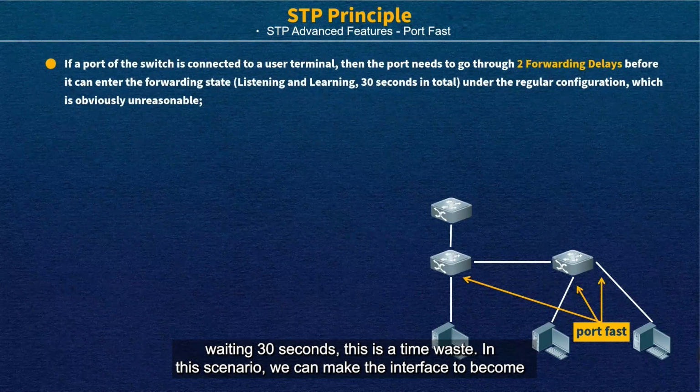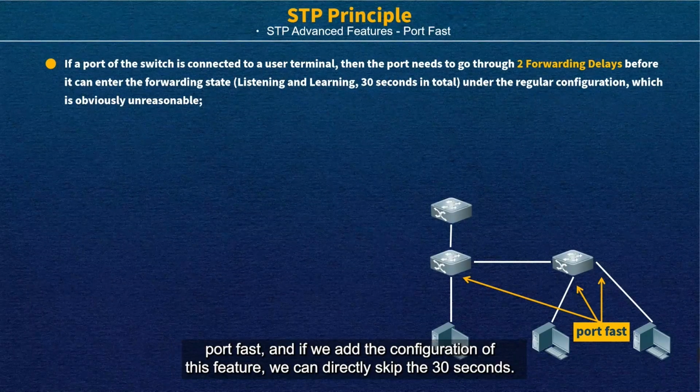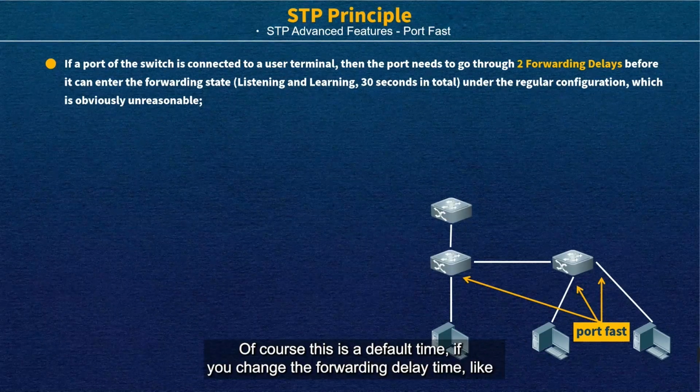In this scenario, we can make the interface become port fast. And if we add the configuration of this feature, we can directly skip the 30 seconds. Of course, this is a default time.